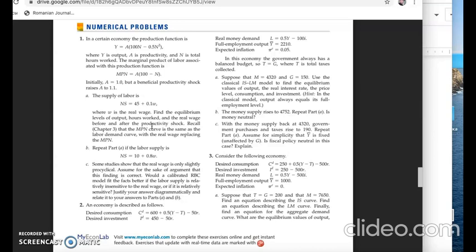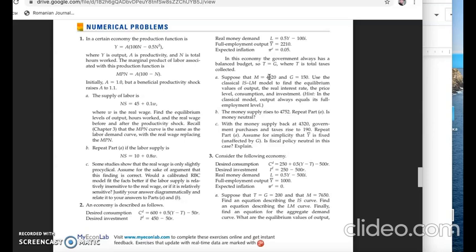In the first sub-question A, we have the money supply 4,320. G equals 150. Use the classical IS-LM model. We should find equilibrium values of output, real interest rate, price level, consumption, and investment.